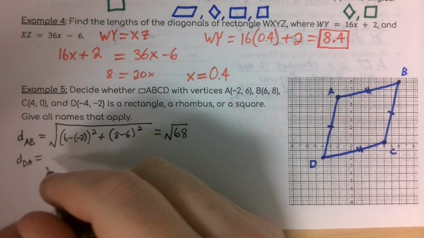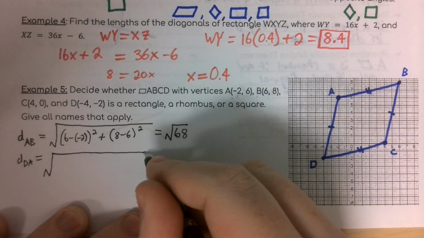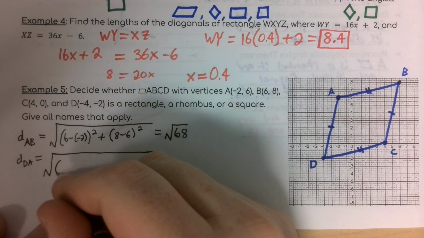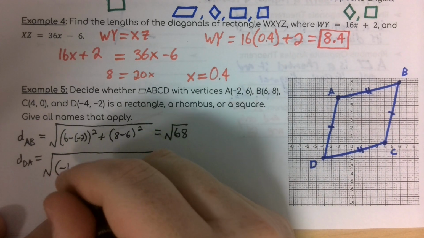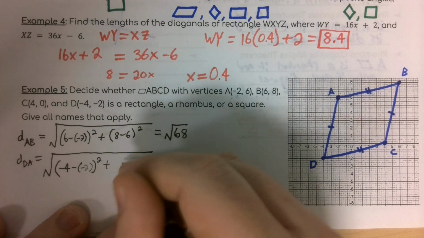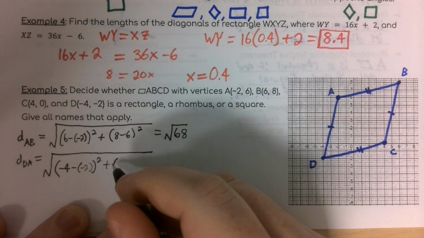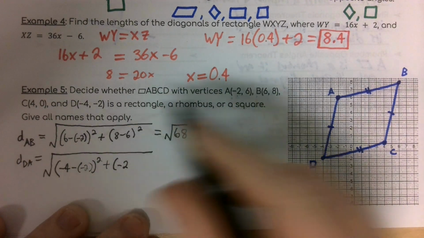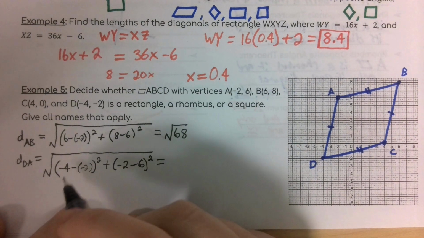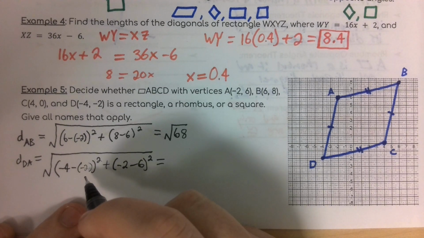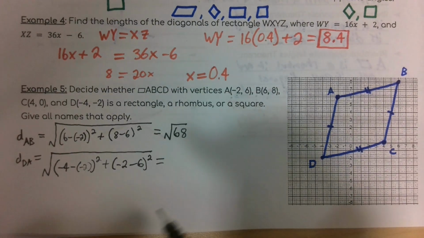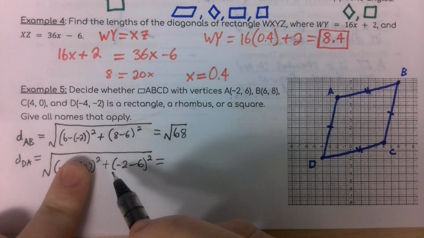Similarly, we can do the same thing for DA. D starts with negative 4. A has negative 2 in the x, so negative 4 minus negative 2 squared plus the y values are negative 2 and 6 squared. Negative 4 minus negative 2 is negative 2. When we square negative 2, we get 4, so this big piece is 4.